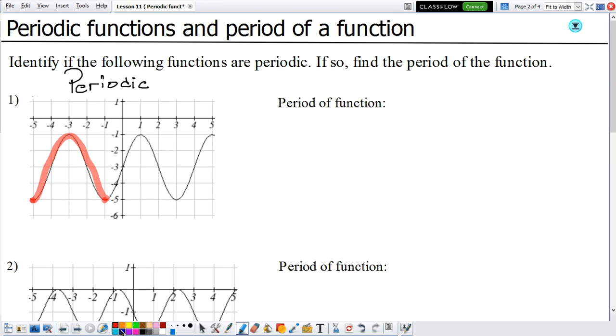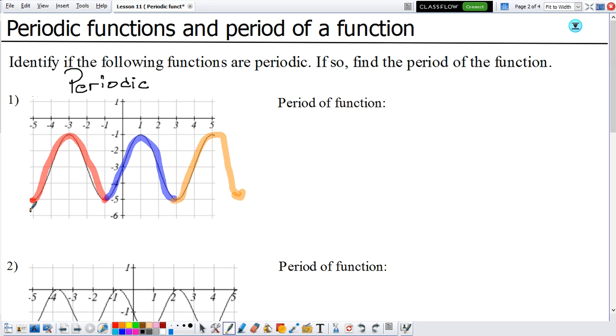Notice that if we keep doing that same shape, we're going to obtain the graph itself. So let's see, if we continue the graph, we're going to have the same shape. So how long does it take for this graph to complete one of those patterns? That will be our period.